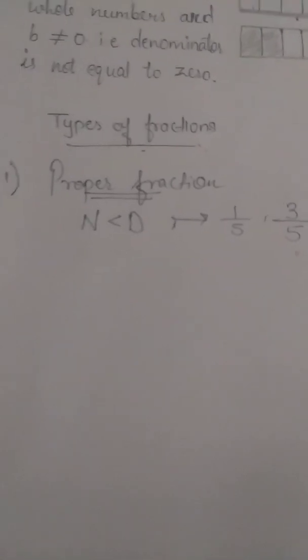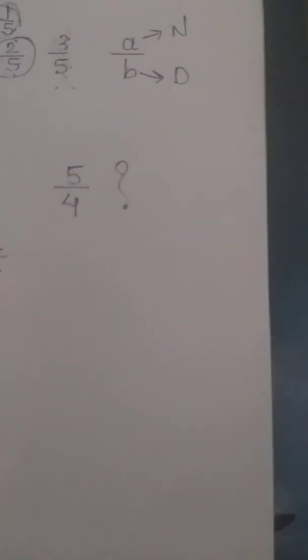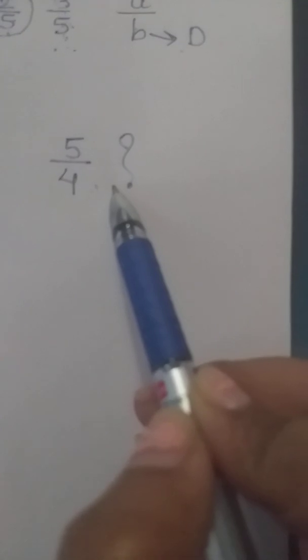Now look at the fraction 5/4. Is this a proper fraction? No, this is not a proper fraction, because here the denominator is lesser than the numerator. So this is an improper fraction.